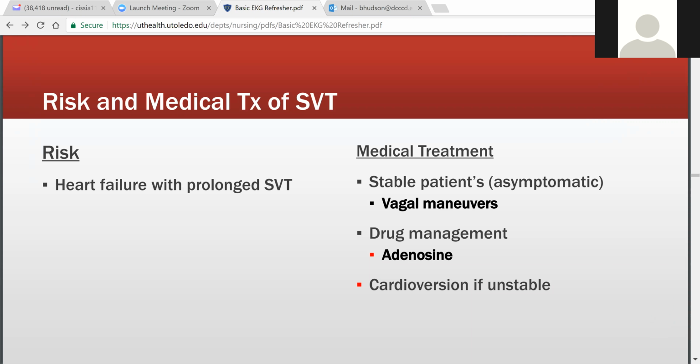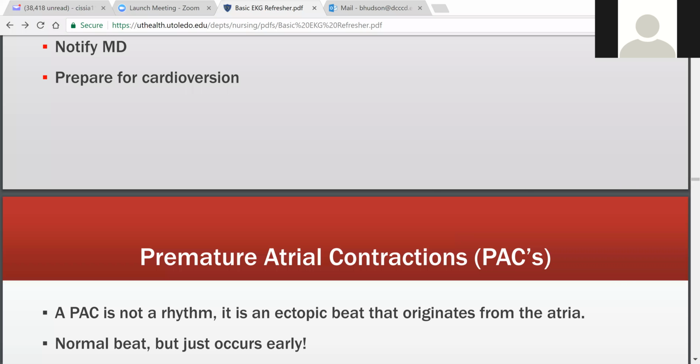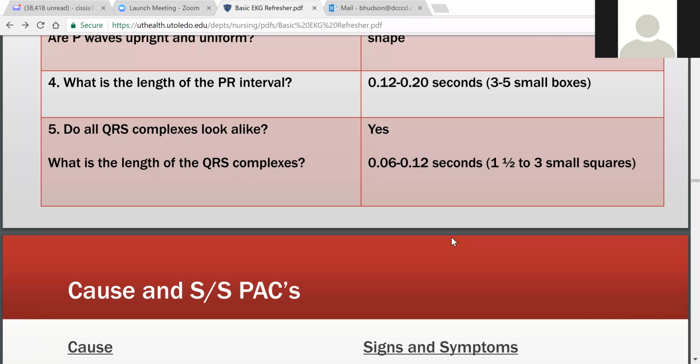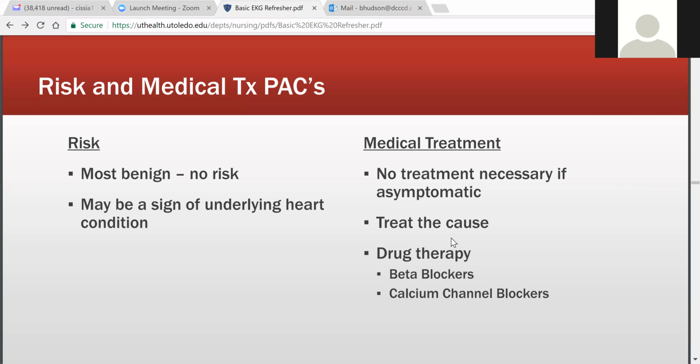Now, you notice I didn't go plural. I said artery because you can't massage them both at the same time. You'll pass out. So don't do that ever. But those would be vagal maneuvers, kind of bearing down. That's a way of treating it outside of medicines. Don't need to know for the test. That's just an FYI. So don't say, oh my God, I didn't study that one. It's not a big deal.